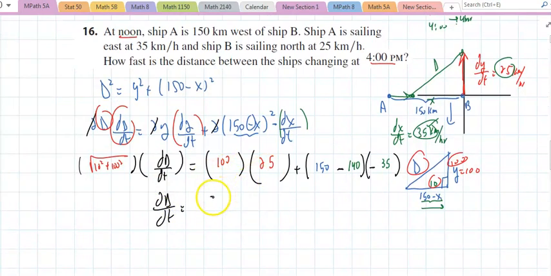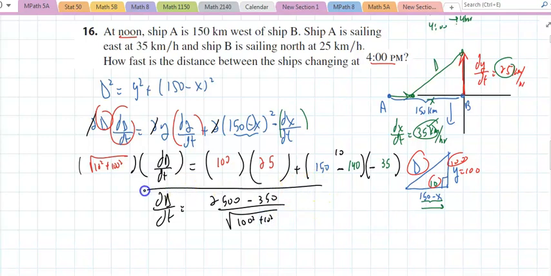So I could multiply that out. That's 2,500, right? And this is 10 minus 350 divided by the square root of 10,100, and you know what? You have a calculator. What are the units? Distance takes linear units with respect to hours. And there it is.